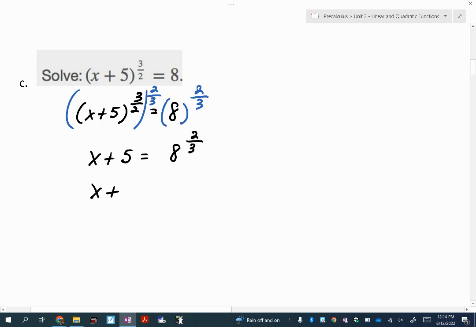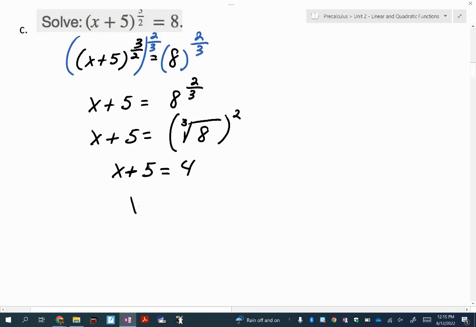I'm going to write it as a radical. So put that 8 with an index of 3, so it's a cube root. We are going to square it. The cube root of 8 is 2, and 2 squared is 4. So what makes this true would be x equals -1.